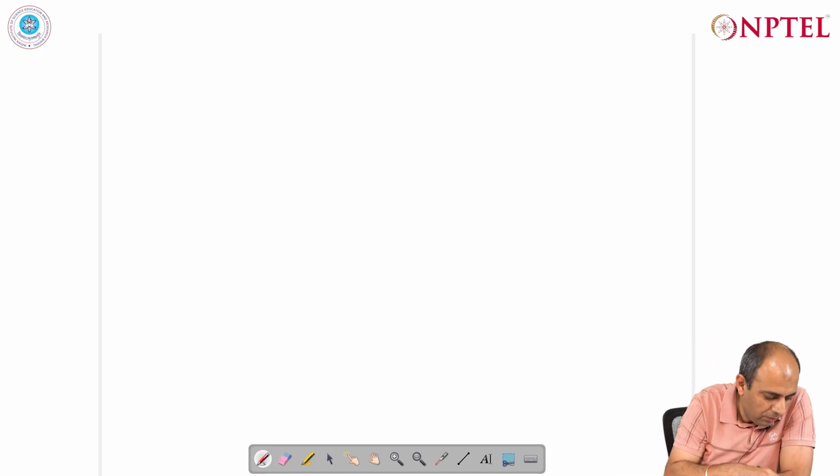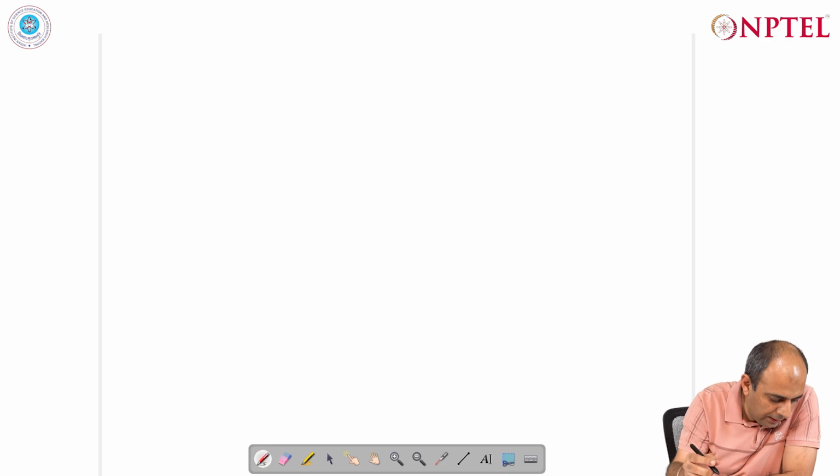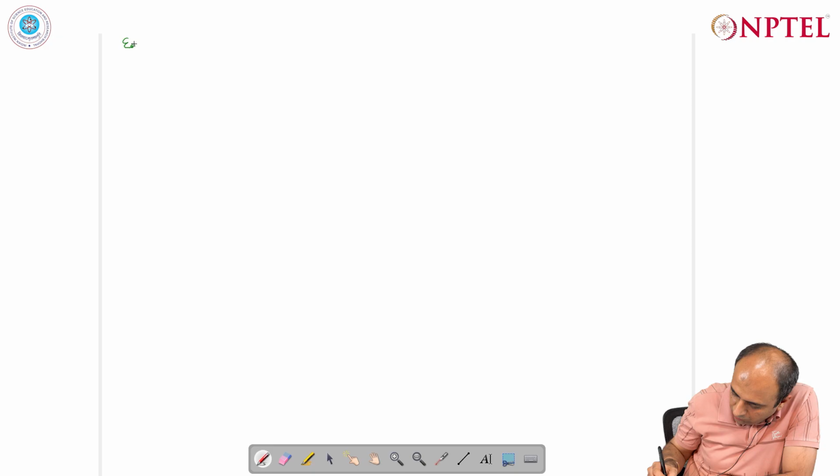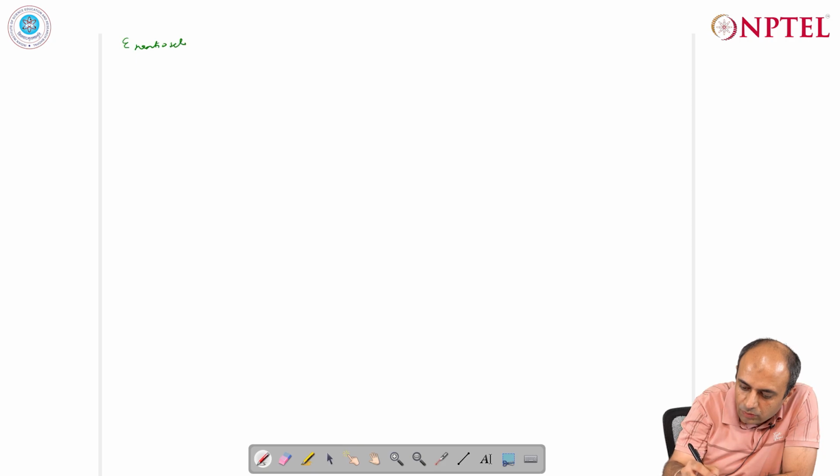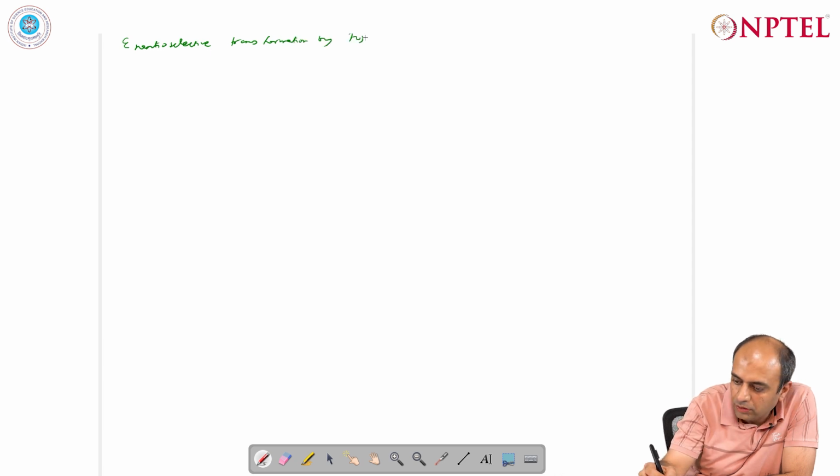Now we can look at the next application where we can talk about induction of chirality into the molecule, and this was again done by Fujita. So we have now the enantioselective transformation by Fujita.